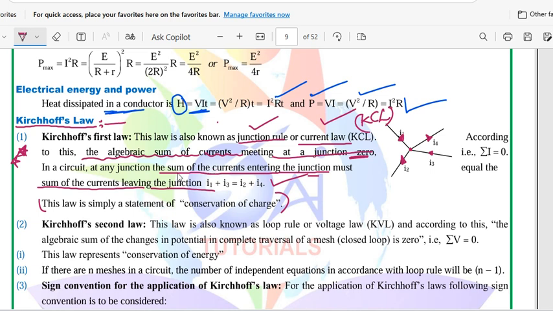The currents entering the junction are I1 and I3, and the currents leaving the junction are I2 plus I4. So this law is simply a statement of conservation of charge.